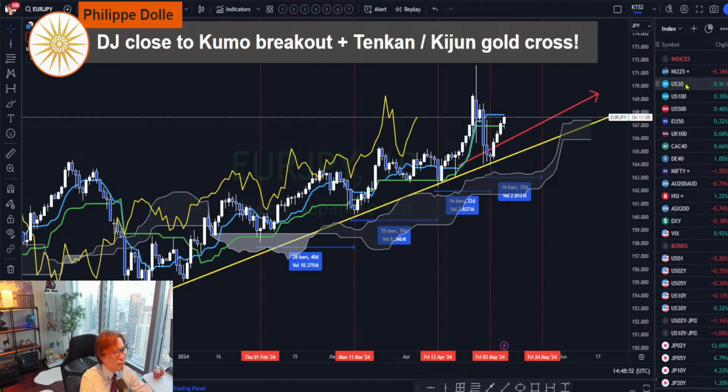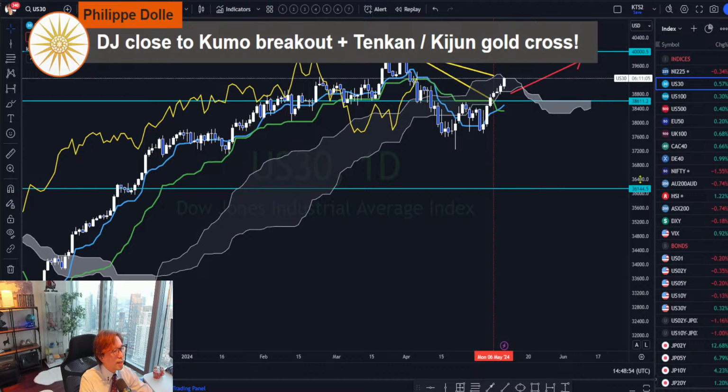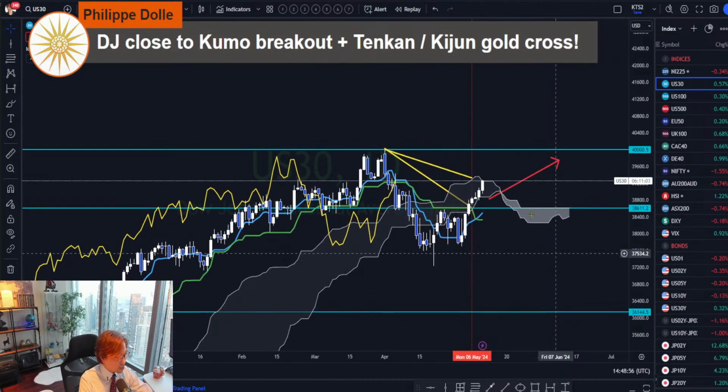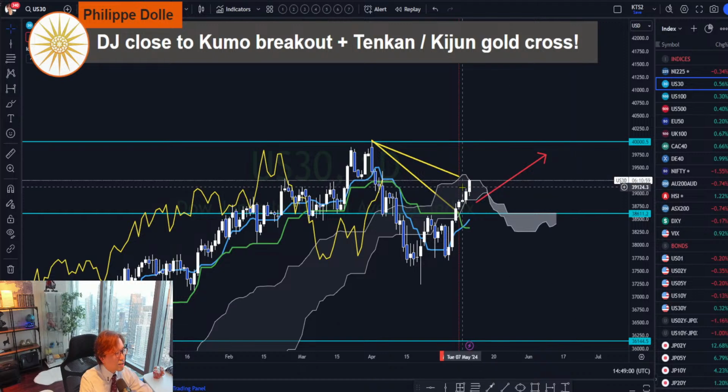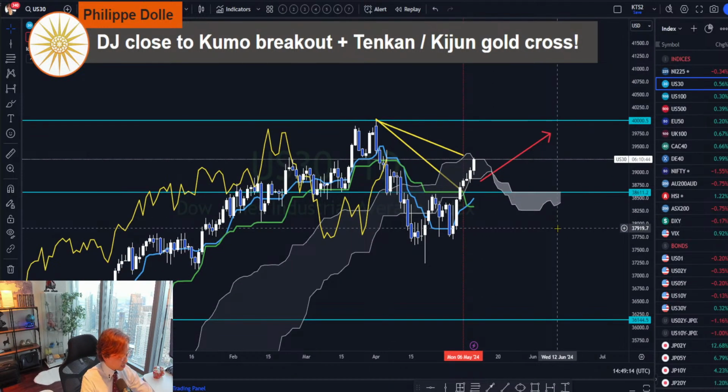Let me see. Right. So Dow Jones is not bullish. Right, it's now about to break the Kumo. There was a Tenkan-sen, Kijun-sen gold cross, and Chikou span breakout, and the Kumo breakout. Then it may reach 40,000 again. Looks like this market is not bullish.